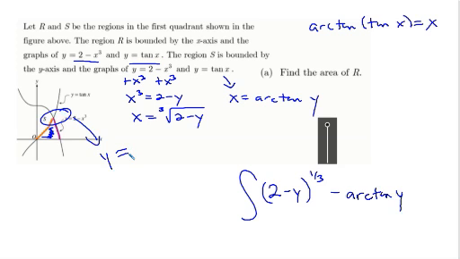Remember, the y value, not the x value. I'm going to tell you what it is from the graphing calculator by doing an intersection. It's 1.266. All right, and my bottom limit of integration is 0 because my bottom line here is the line y equals 0.